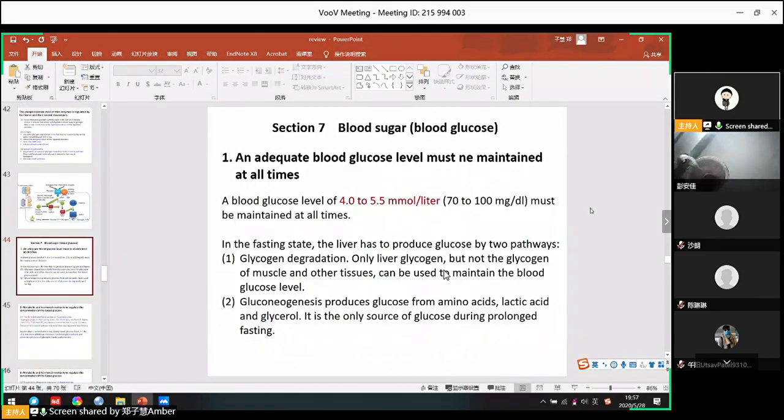Okay, next, you have to know the numbers here for the blood sugar. You have to know what is normal. This is the normal range for the blood sugar. What is blood sugar? Blood sugar is the blood glucose level. This is the normal blood glucose level in normal people.